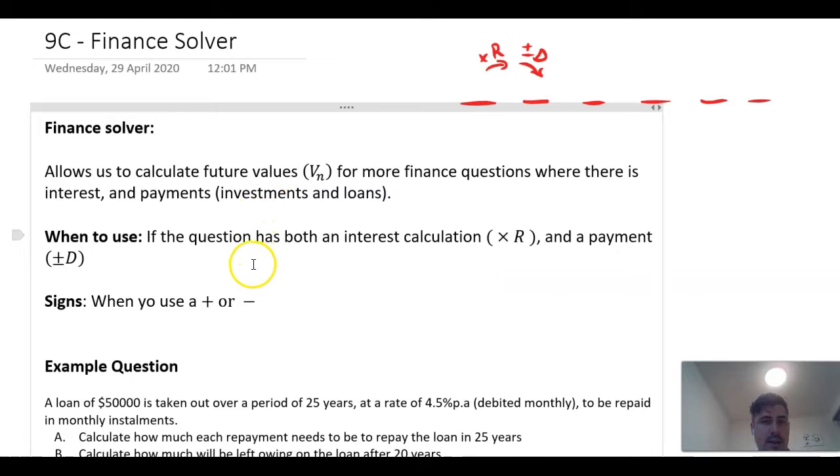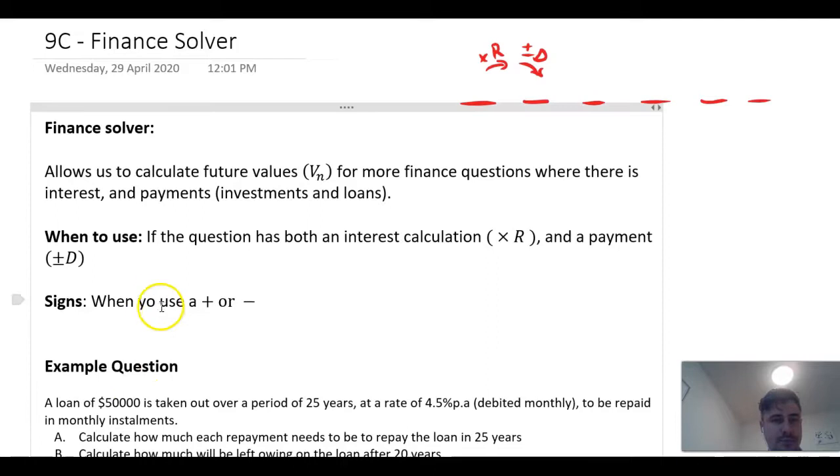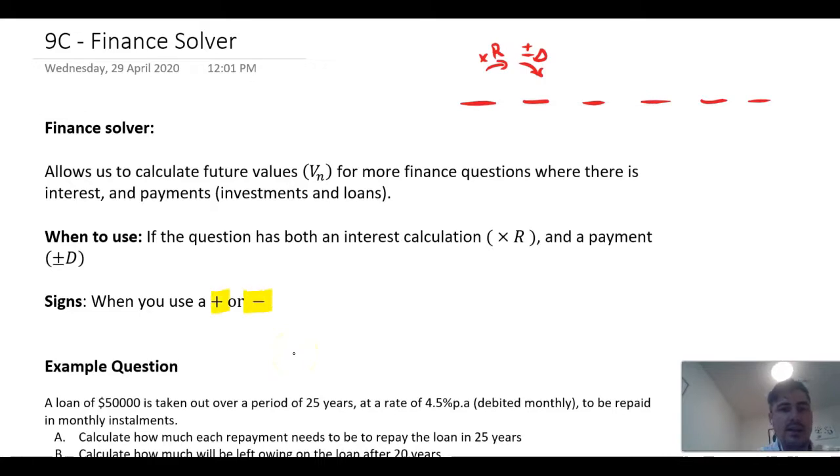And it's important to know when to use this. So you're going to use this when the question has both interest calculations and payments, all in the same kind of question. The other important thing is to know which sign to use, so positive or negative signs. As a general rule, if the money is leaving you, the person, the investor, then we use a negative sign.